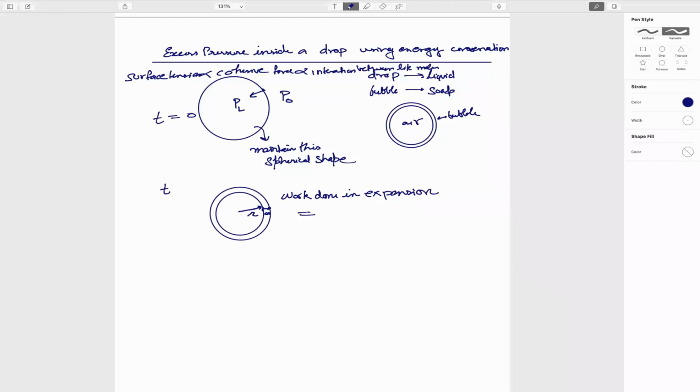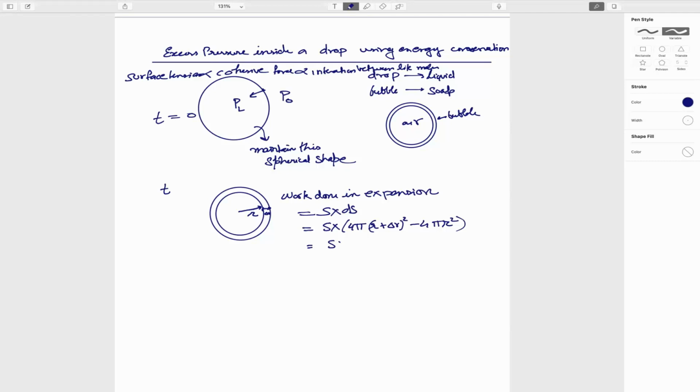So the work done in expansion is surface tension, that is energy per unit area, into change in area. That is dS. So that is S into final area, 4 pi (r plus delta r) square minus 4 pi r square.